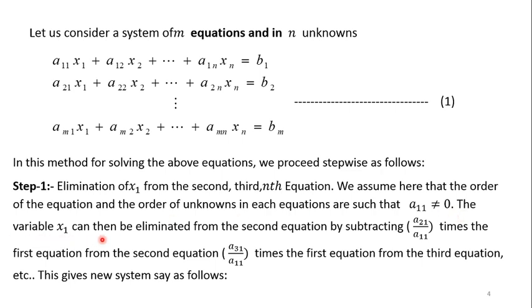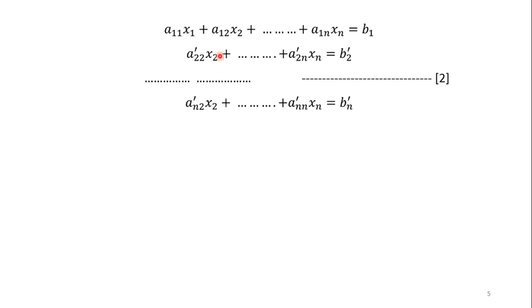The variable x1 can be eliminated from the second equation by subtracting a21 upon a11 times the first equation from the second equation, a31 upon a11 times the first equation from the third equation, etc. This gives a new system of equations as follows: a11 x1 plus a12 x2 plus ... plus a1n xn equal to b1, while in the remaining equations you do not have x1.